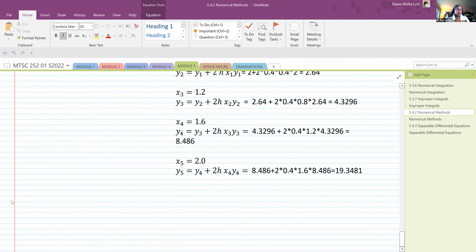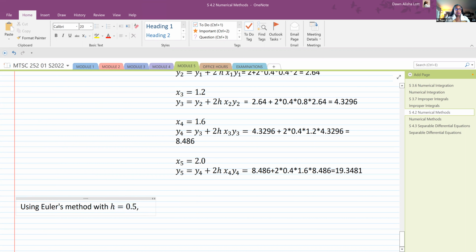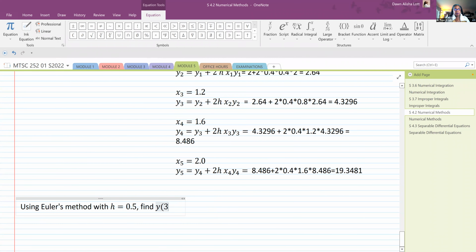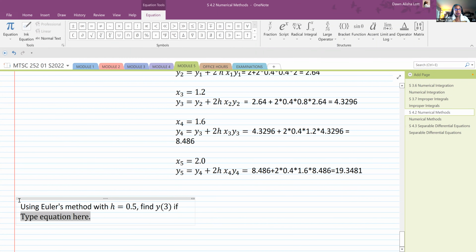So suppose you have something, I'm just going to come up with any type of problem, which is, let's say, using Euler's method with h equal to 0.5, find y of 3 if the differential equation is dy dx equal to, let's just say, xy, something simple like that.